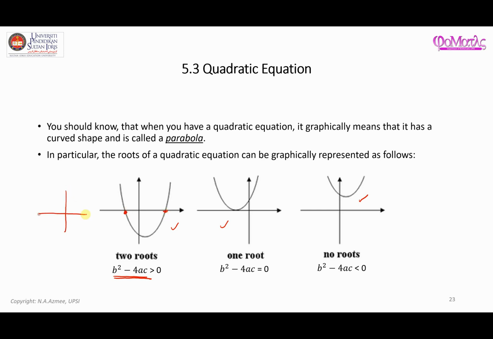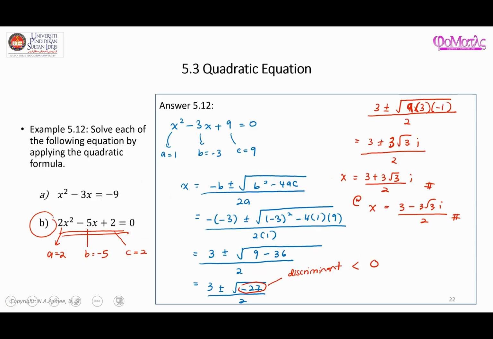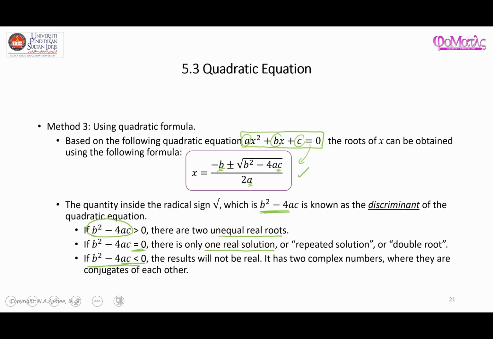And of course, it is also possible to have a graph that looks like this. So you have two real roots. If the discriminant is equal to 0, you have one real root, and if you have the discriminant less than 0, that means there are no real roots. The graph is hanging on this side, it doesn't touch the x-axis. So this is the graphic representation of the idea that you have seen in this part.